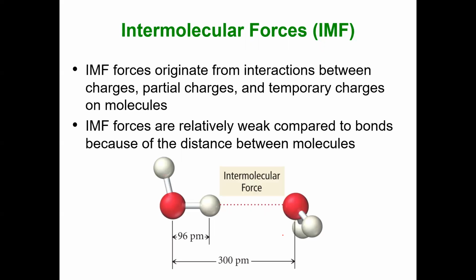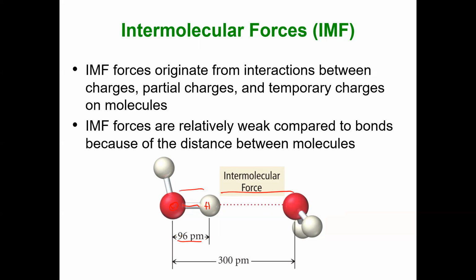The best example is to look at two water molecules. This represents oxygen, this represents a hydrogen, and this is a covalent bond. It's an overlap between unfilled orbitals. Oxygen contributes one electron and so does hydrogen. This relative distance of 96 picometers is much closer than the distance between these molecules in general.